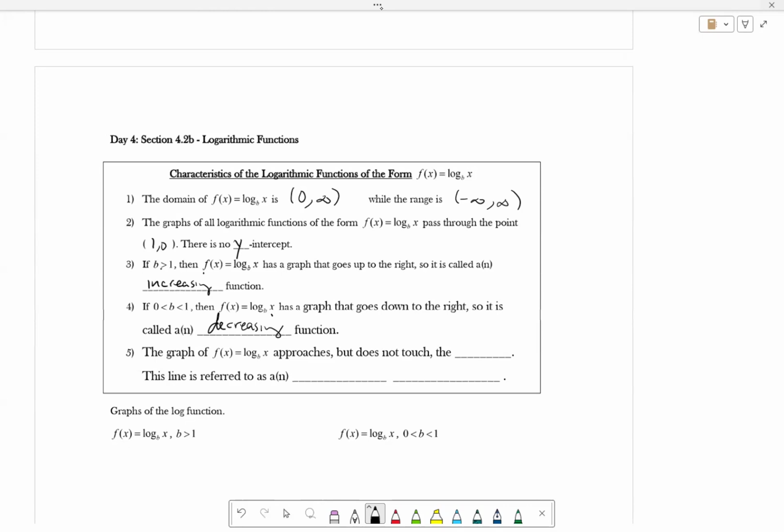The graph of f of x equals log base b of x approaches, but does not touch the y-axis. Can you visualize that graph? Doesn't touch the y-axis. This line is referred to as a vertical asymptote, which I know you're well familiar with.